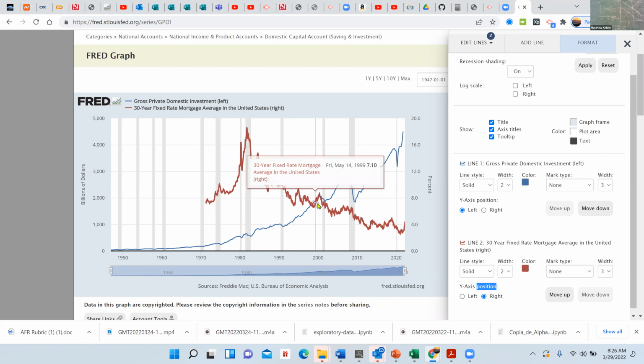So look at the peak investment. Investment started to fall here, and interest rates are also falling. You see, real investment in the economy was falling, and there was a response to that to drop interest rates. They're like, oh, investment's shrinking, we need to respond to this, drop our interest rates.